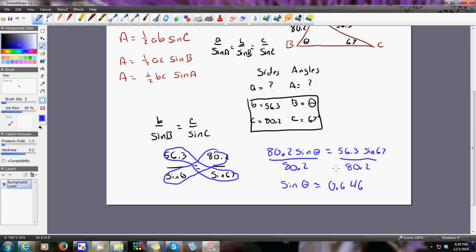Now, I'm not actually going to find that out, but what I am going to do is use the sine inverse function, and I'm going to use the answer function on my calculator, and that will give me an answer of 40.25 degrees.